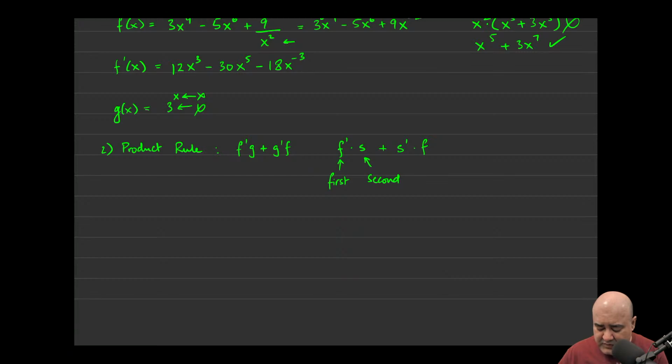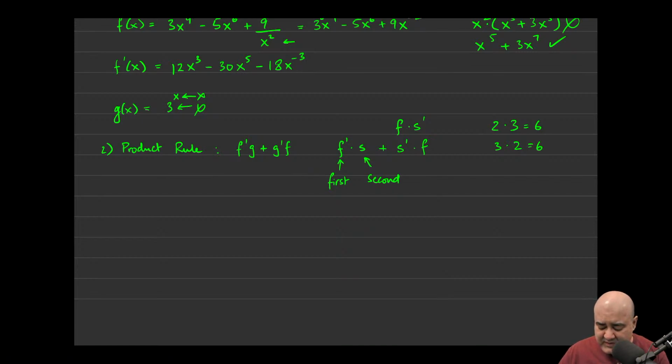Another way of writing this would be the first times the derivative of the second. Both are perfectly okay because of something nice called the commutative property of multiplication. It's a fancy way of saying that if we multiply 2 and 3, we get 6. But what happens if we change the location of the numbers? So 3 times 2, well, that also gives us 6.